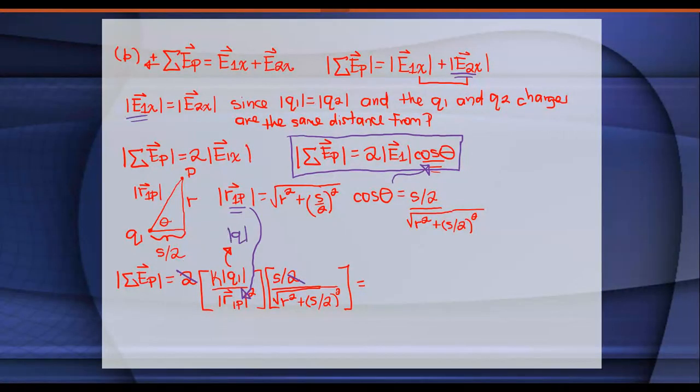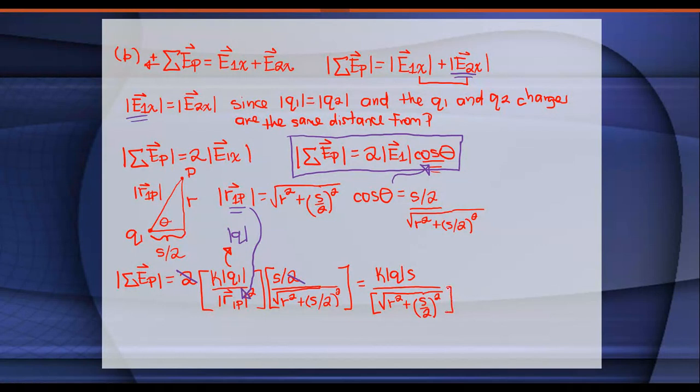So the numerator would just become K times Q times S. So you'd have K, Q, S left in the numerator, divided by R1P squared, but R1P is the square root of R squared plus (S over 2) squared.